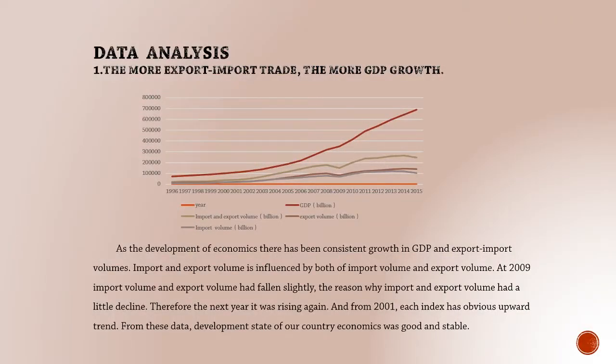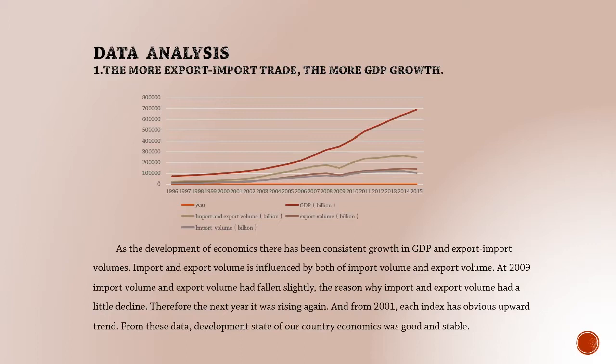As the economy develops, there has been considerable growth in GDP and export-import volumes. Import and export volume is influenced by both import volume and export volume. In 2009, import volume and export volume had fallen slightly.